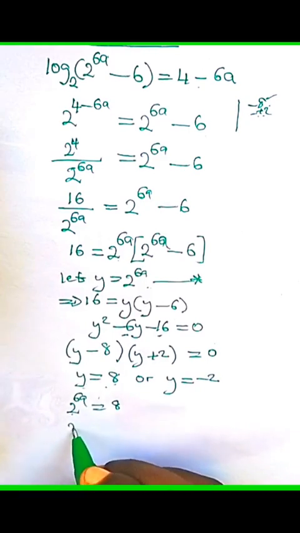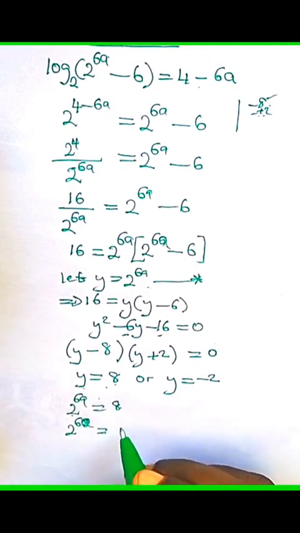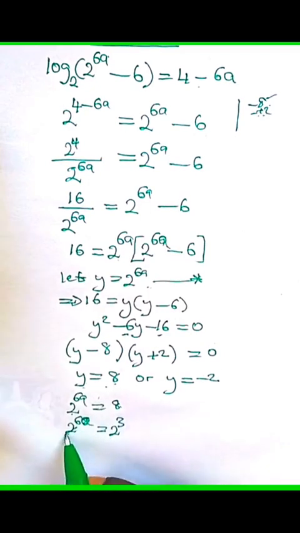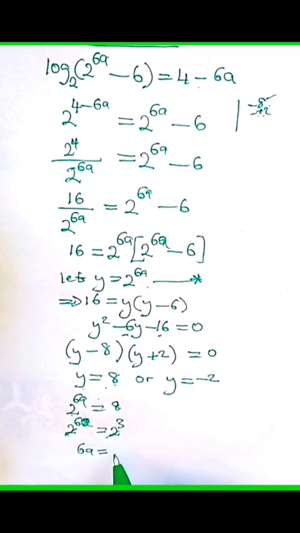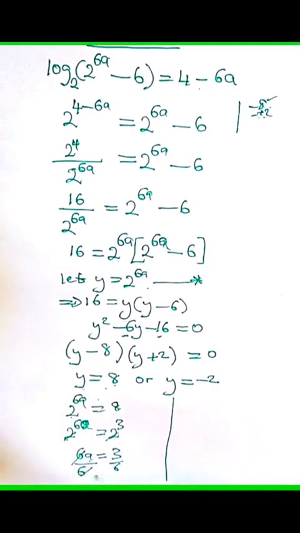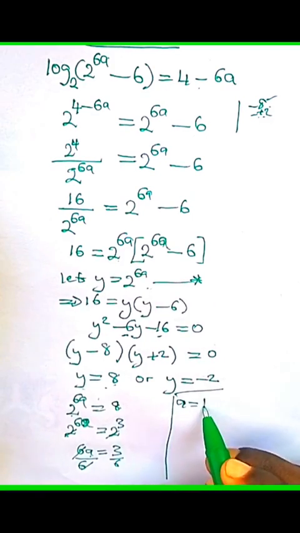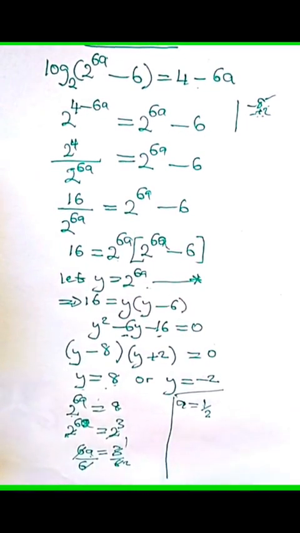The base is 2 raised to the power 6a equals 8, converted to 2 to the power 3. So the bases are the same, so we cancel them out. So 6a will be equal to 3. Remember, we're looking for a. Divide by 6, so a will be equal to 1 over 2, because 3 over 6 is 1 over 2.